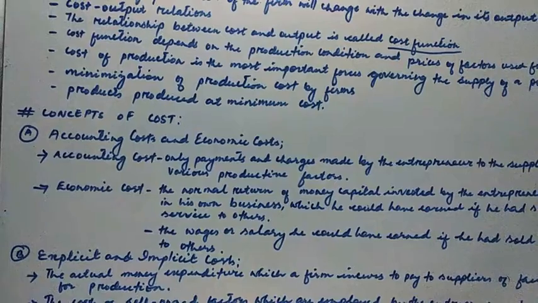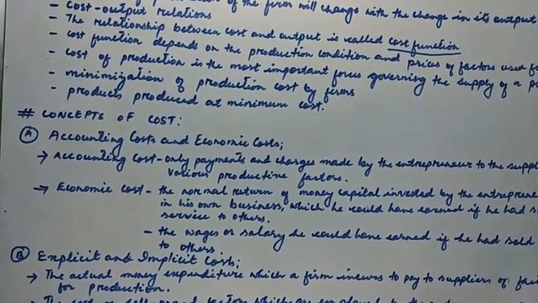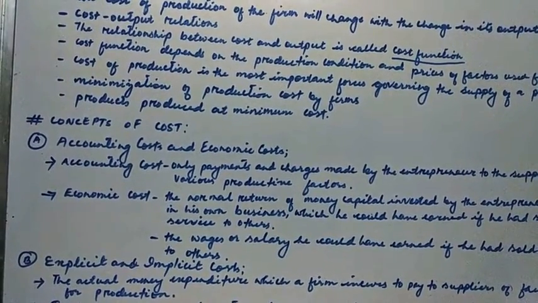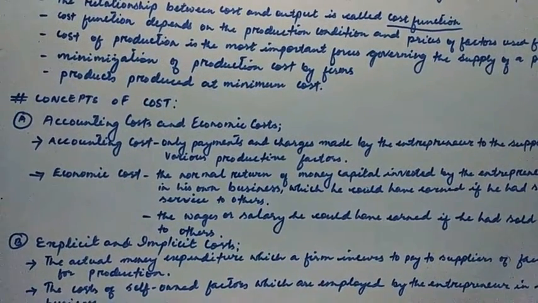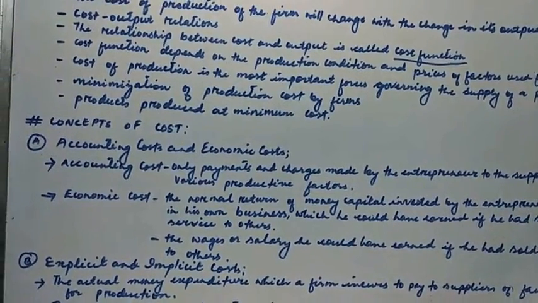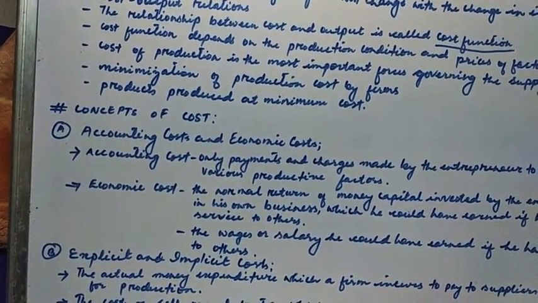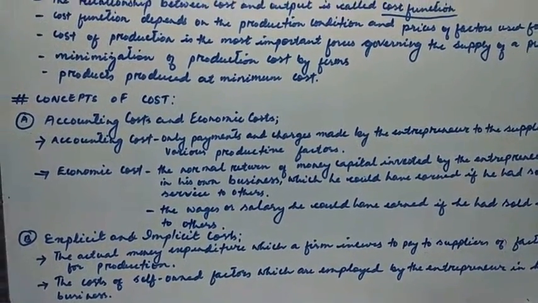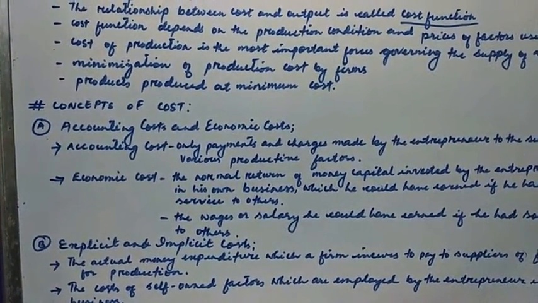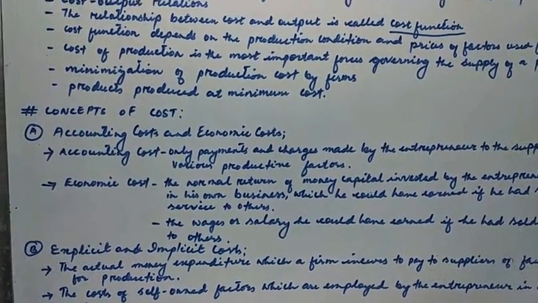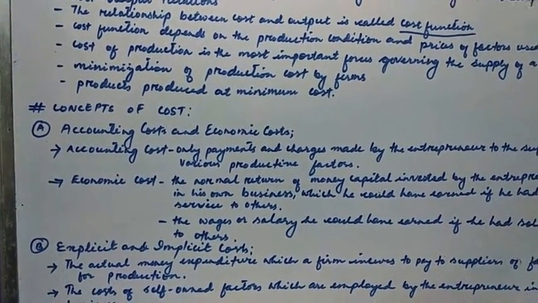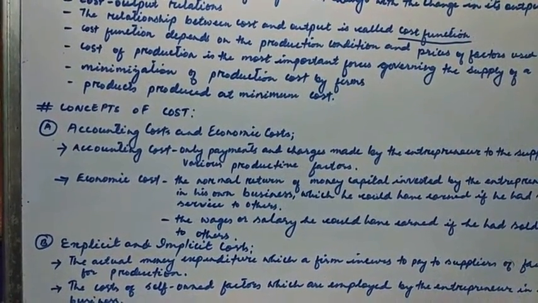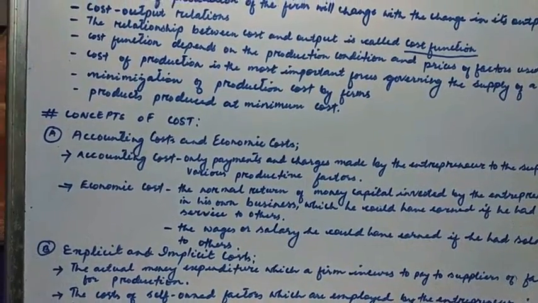So if the money capital invested by the entrepreneur or producer or firm in his own business had been invested elsewhere instead, it would have earned a certain amount of interest, dividends or profit for that individual.